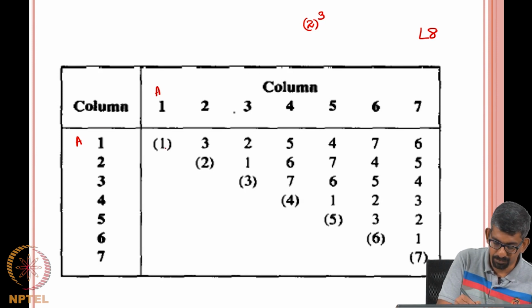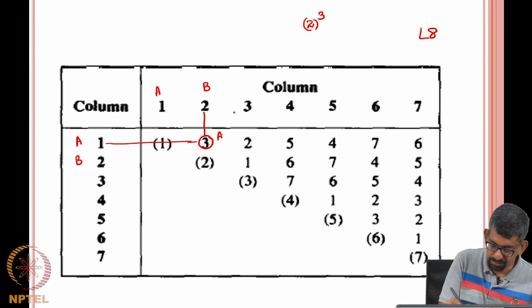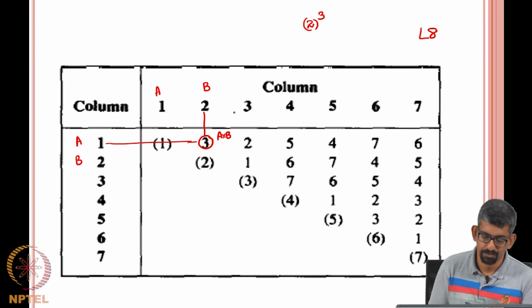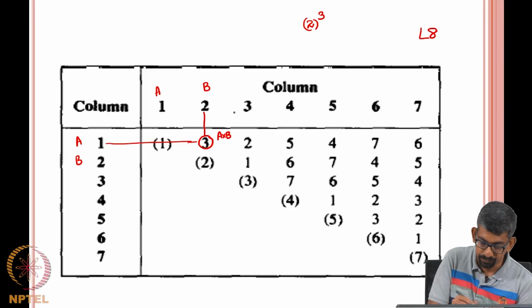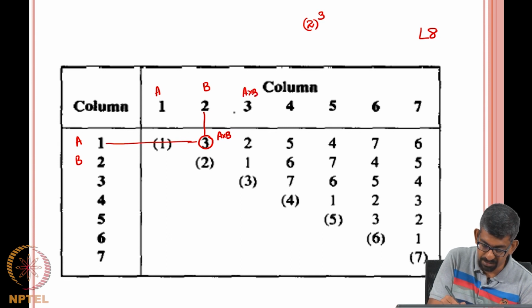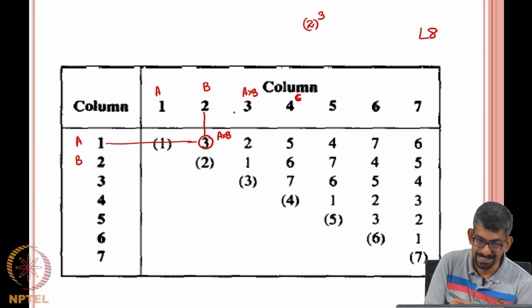So, obviously column 1 is A. Now, if I assign B for column 2, then what this one says, if you come from here to here, then A cross B will be in column 3. Since column 3 is already decided here, we should just say A cross B, and my next factor assignment would be C.